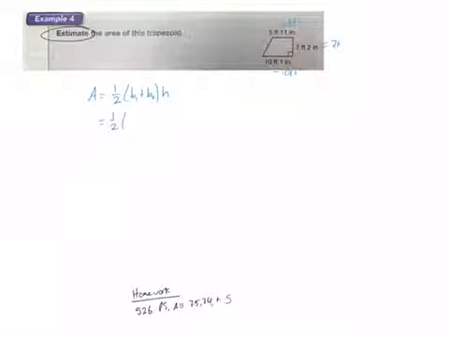1/2 B1, it says estimate, I'm going to say 10 plus 6, right? 10 plus the 6 times the height, which is 7. It's going to be 1/2 times 16 times 7. Half of 16 is 8 times 7. 8 times 7 is 56.